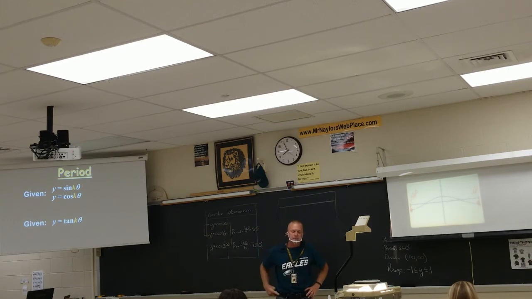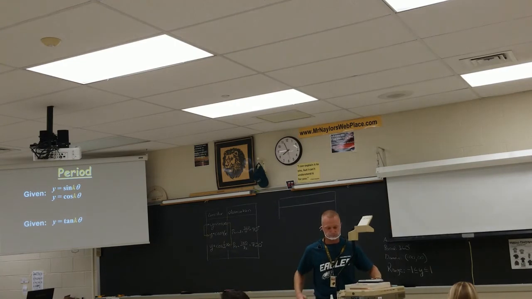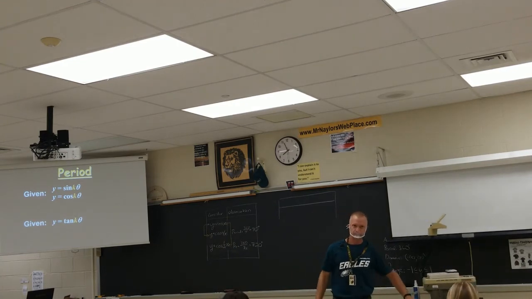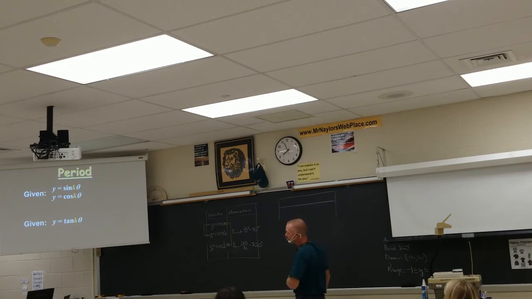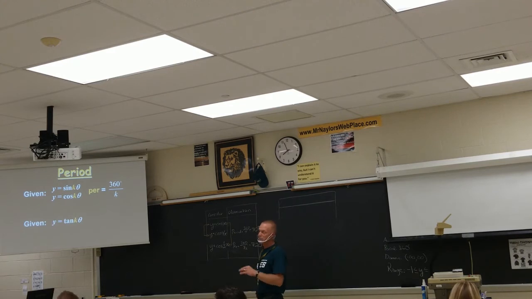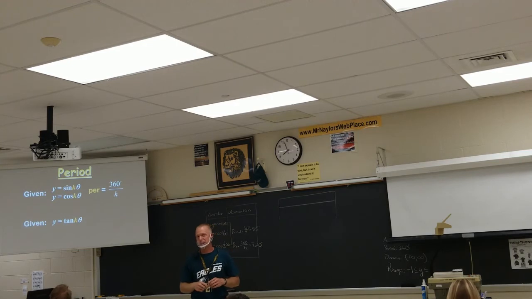If you have a sine of k theta or a cosine of k theta, and it was said really well by your classmate, nice job, the period is going to be the original period divided by k. Sometimes people say the new period. If you want to emphasize that, it's going to be the original period, 360, divided by k.